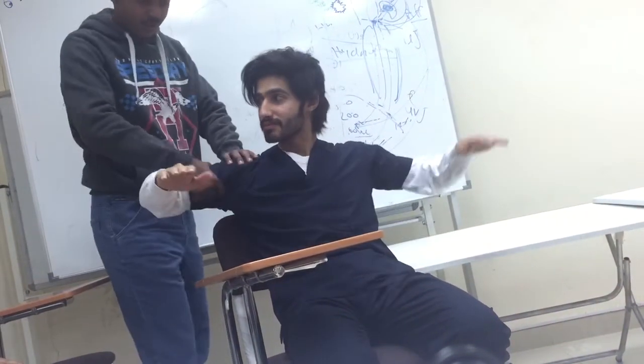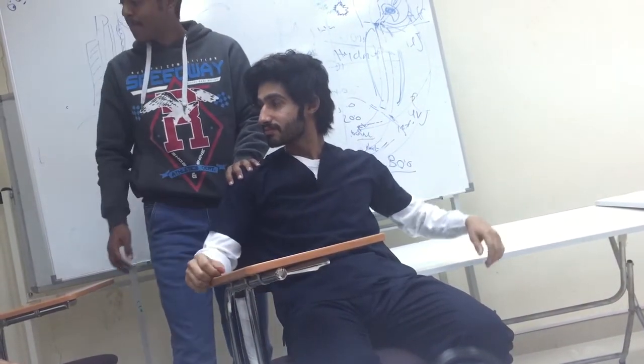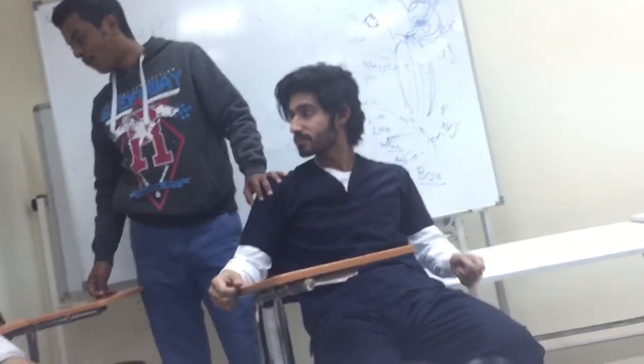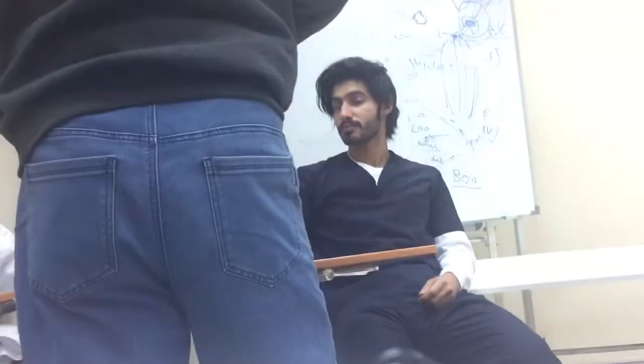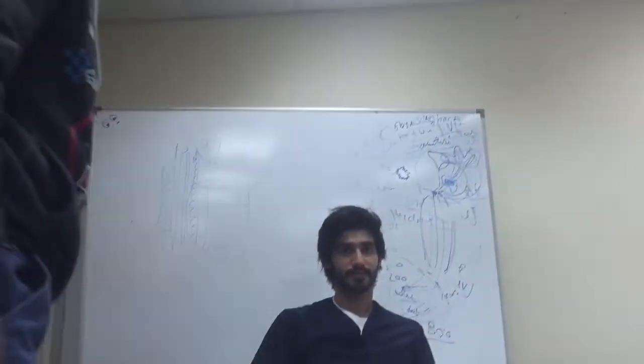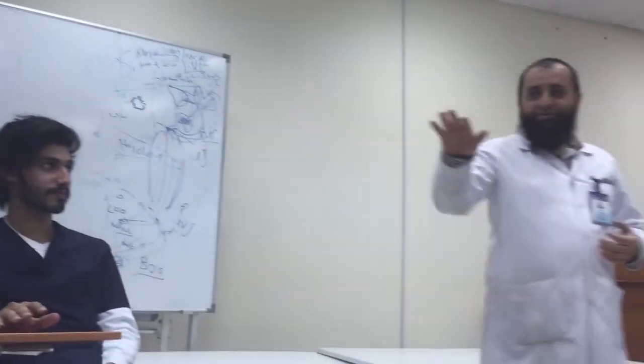So I told you, act in front of the patient. First you see the active movements. You do not touch the patient. Act in front of the patient and tell him to do some actions, and then you will counter and overcome.